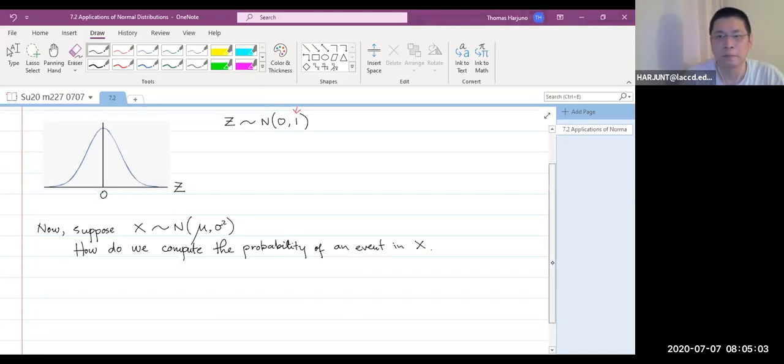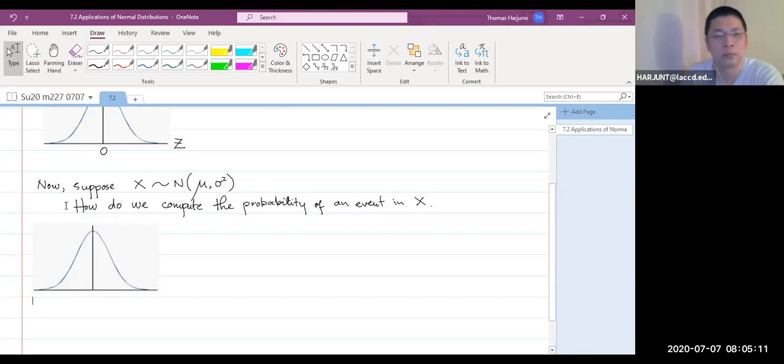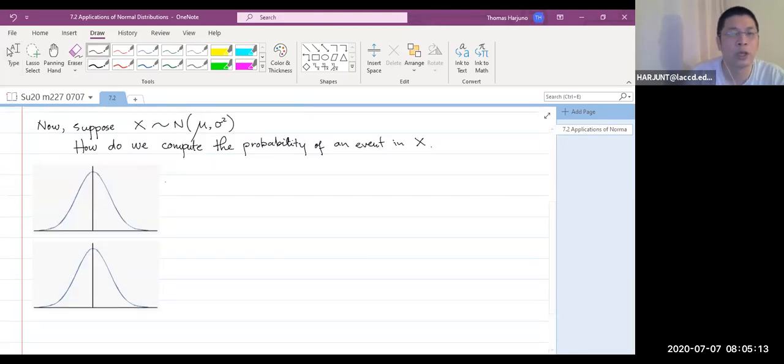Here's the idea. We will start with random variable X, and the mean is mu.